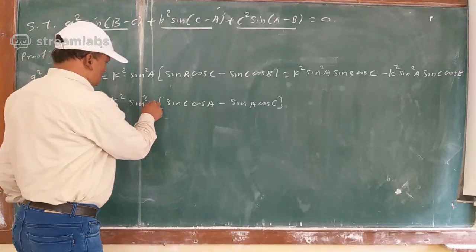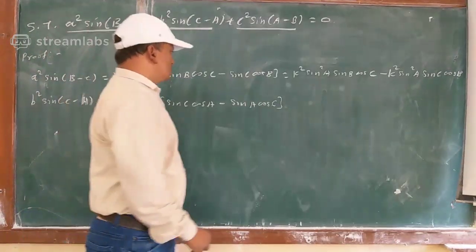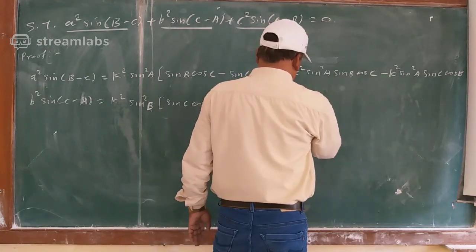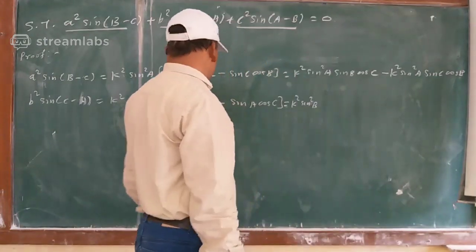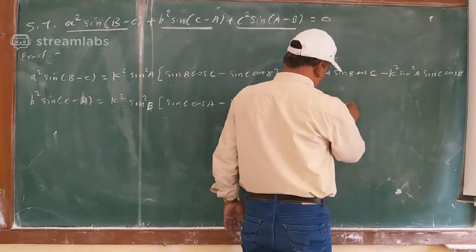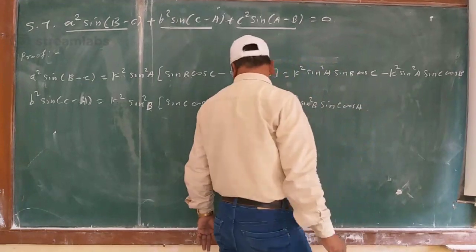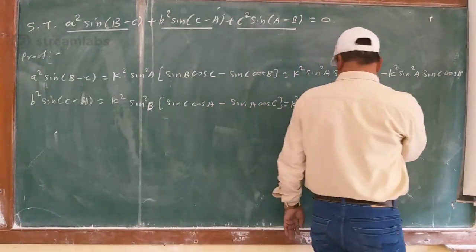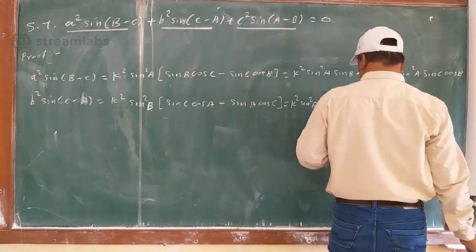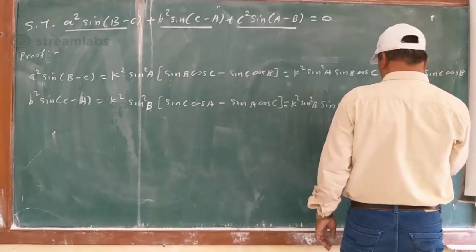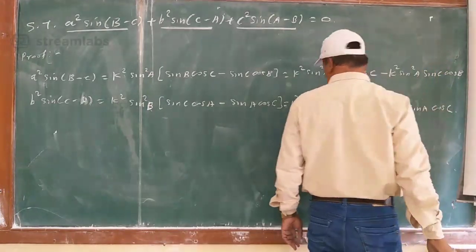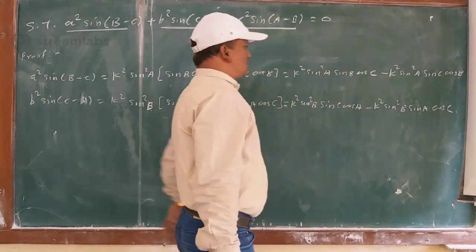So K square sin square B sin C cos A minus K square sin square B sin A cos C. The second term is completed.